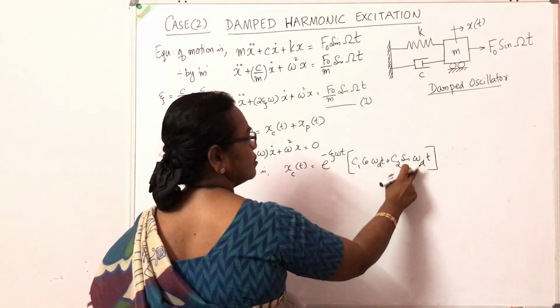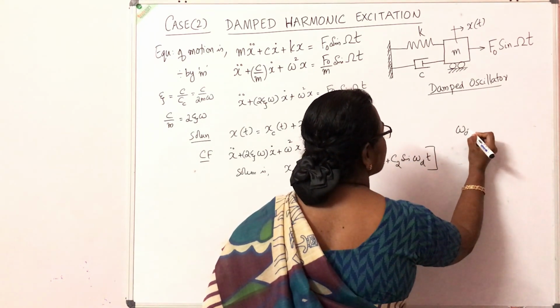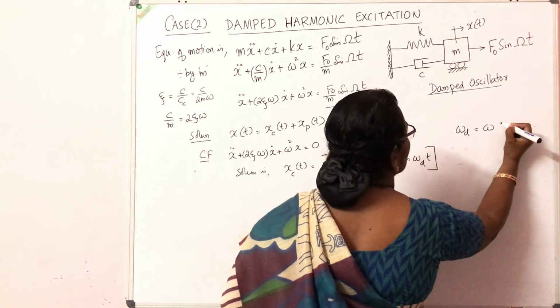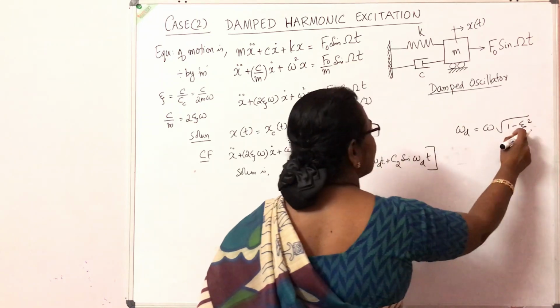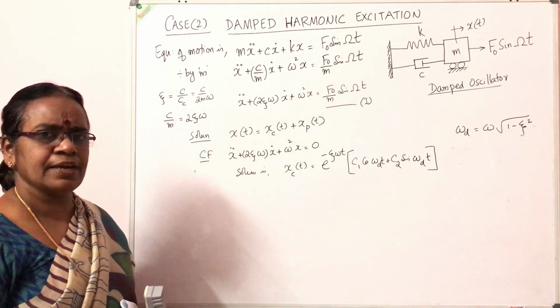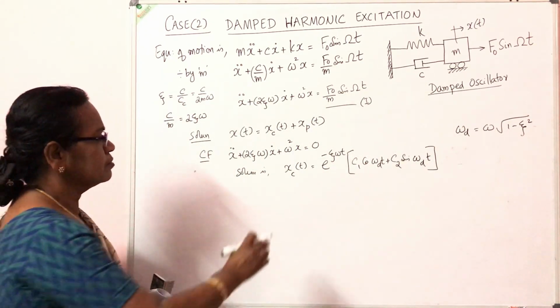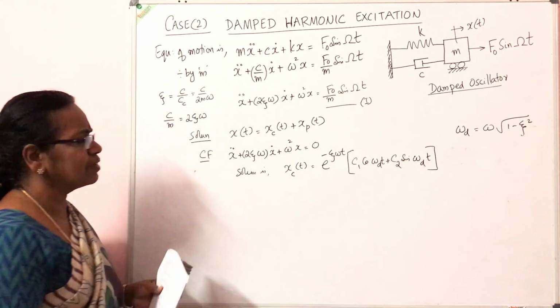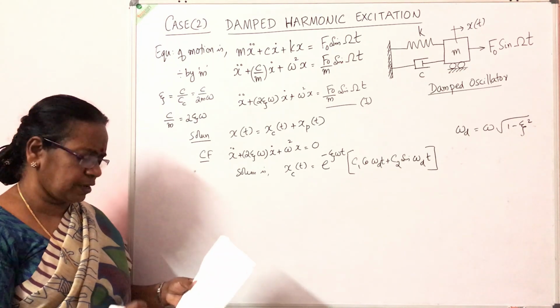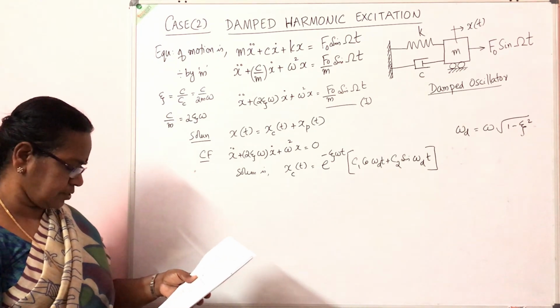We have defined this omega d, the damped frequency, as omega n root of 1 minus psi square, where psi is the damping ratio and omega n is the natural frequency of the system. So this is the complementary function. Then we can evaluate the constants C1 and C2 based on the initial conditions.